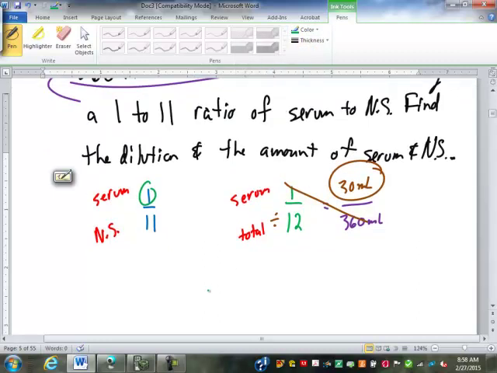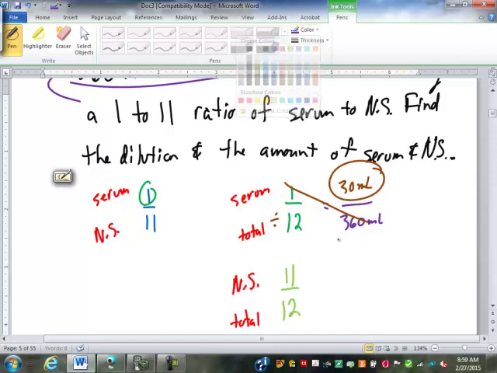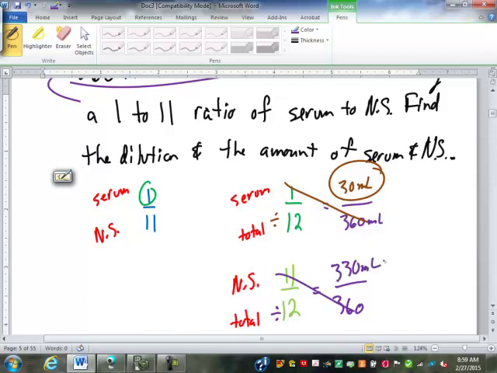Now we could subtract, or I'm just going to go ahead and do this quick. I'm going to do saline to total, which would be 11 out of 12. Cross multiply and divide gives me 330 milliliters of saline.